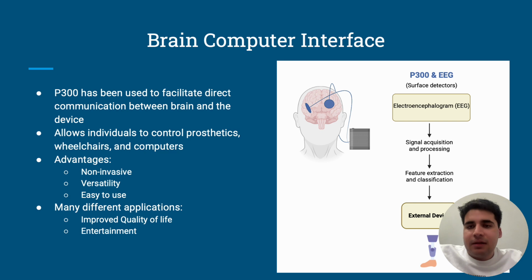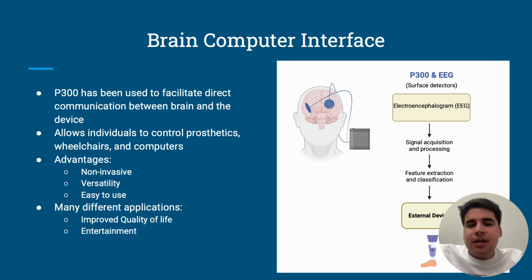This is very beneficial because it is very significant for individuals with severe motor impairments, as it offers a means to communicate and control their environment using their brain activity or neuronal activity alone.